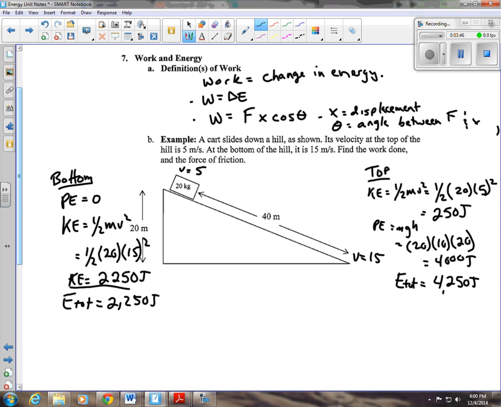Okay. Now, our definition of work is change in energy. So our work is change in energy. So it's going to be 4,250 minus 2,250 is equal to 2,000 joules is the work done.